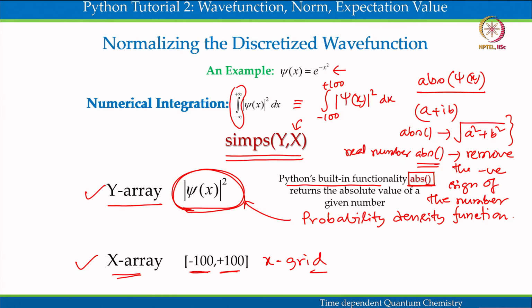So what we need to do is use the absolute value of psi(x), then make it square and then do the integration.